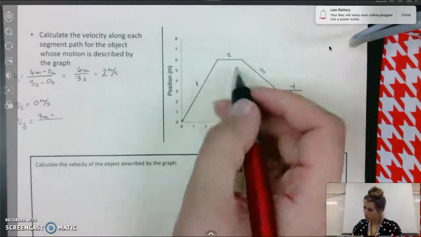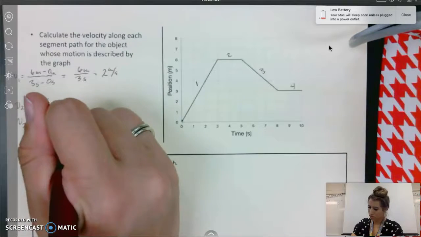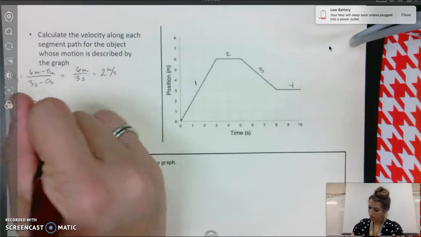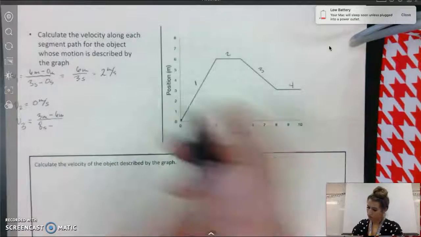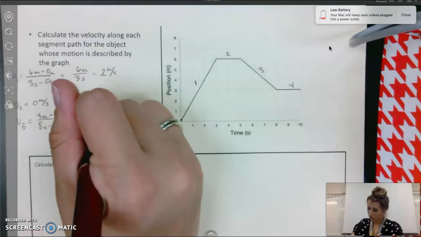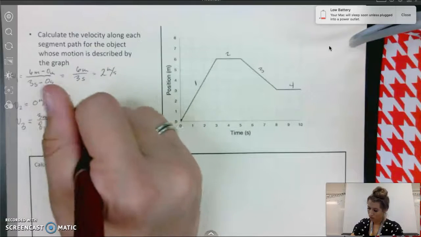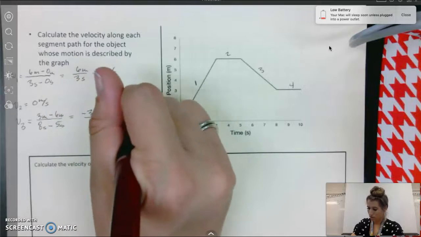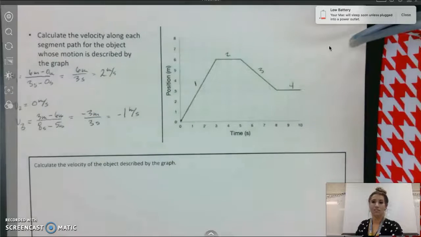Our position initial was 6 meters. Our time final was 8 seconds, and our time initial was 5 seconds. So we have negative 3 meters occurring in 3 seconds, so we have negative 1 meter per second. We moved in the negative x direction, 1 meter every second.